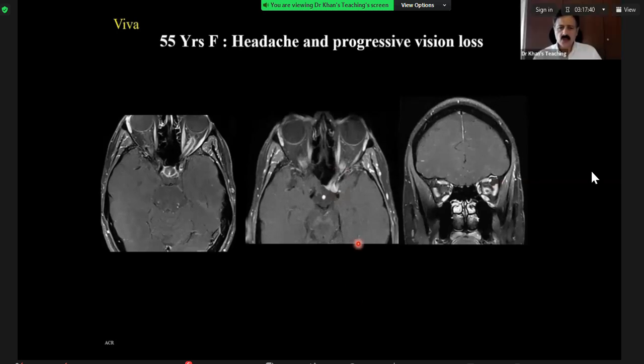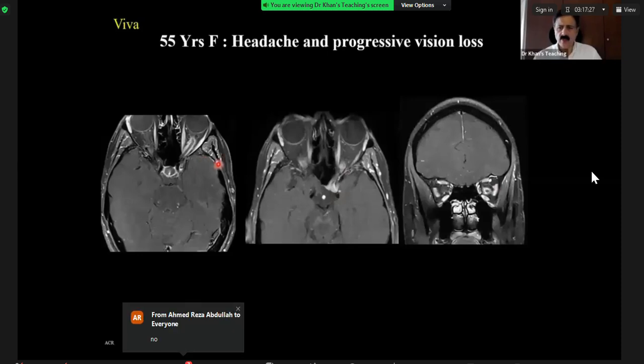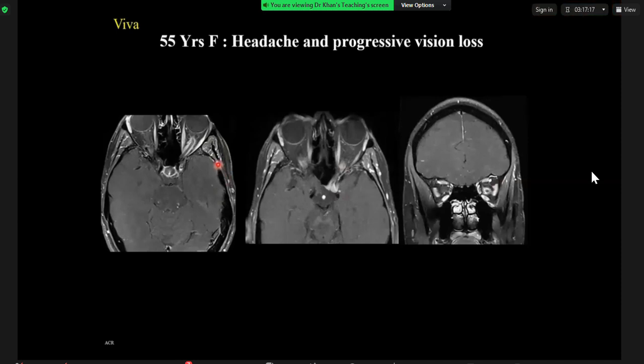Right, very good. So if you see here, this is a fat saturated T1 weighted sequence post contrast. So please remember, in brain you might not do fat saturation, but in head and neck, for example, if you are scanning the orbit or the neck or the base of skull, you must do fat saturation. And you can see that there is tram track sign enhancement.